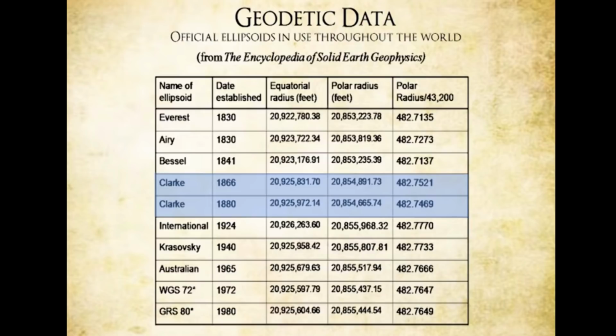NASA and the U.S. Department of Defense still use the World Geodetic System 1972, because it's so accurate that an inch or two in variability is not going to make much difference in the real world.